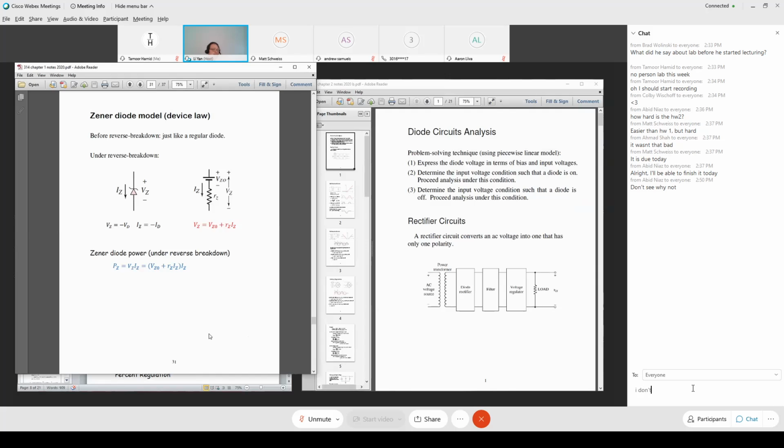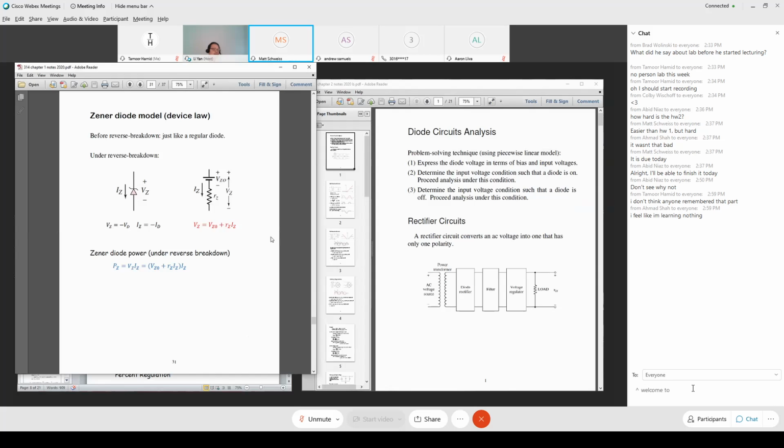Yes, this is the Zener diode circuit symbol. But most of the time we operate the Zener diode under reverse breakdown, not just reverse bias. So how do we characterize the reverse breakdown? The Zener diode can be modeled by a constant step-down voltage VZ0 in series with RZ. That's the thing I want you to memorize.